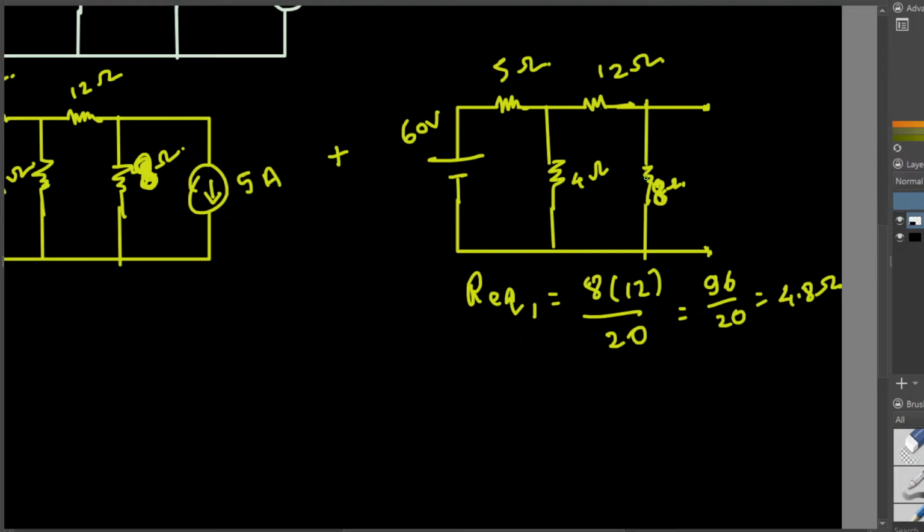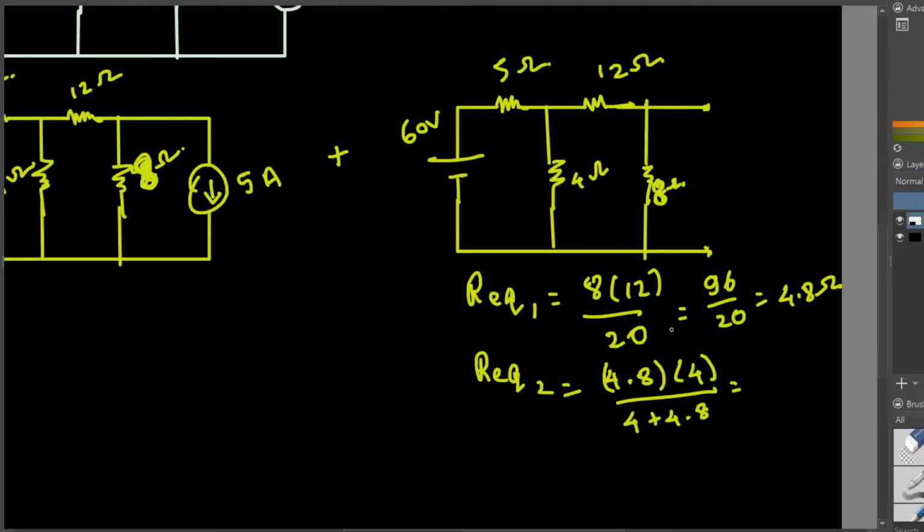Then that equivalent is parallel to this 4. So R equivalent 2 is 4.8 ohm resistance, and again do the product over sum with 4. 4.8 times 4 divided by 4 plus 4.8, and 4 plus 4.8 is 8.8.